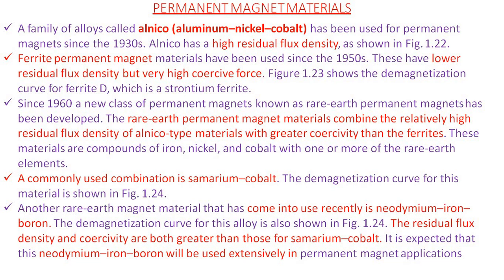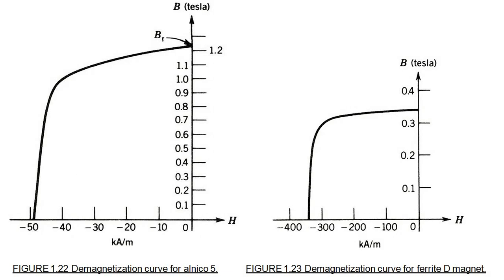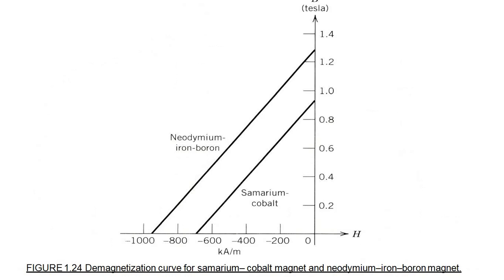It is expected that neodymium iron boron will find extensive permanent magnet applications. First one is the demagnetization curve of Alnico 5. Then next one is the demagnetization curve of the ferrite magnet. Then next one is the demagnetization curve of the samarium cobalt magnet and the neodymium iron boron magnet.